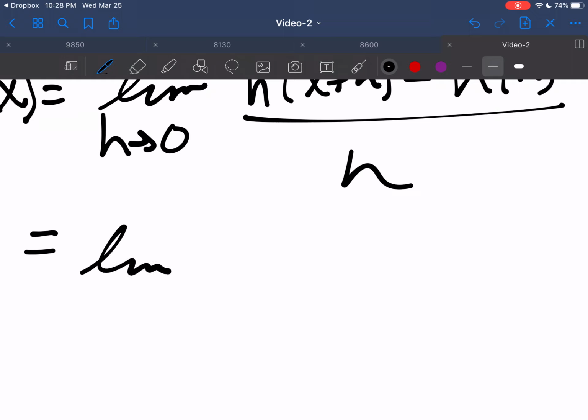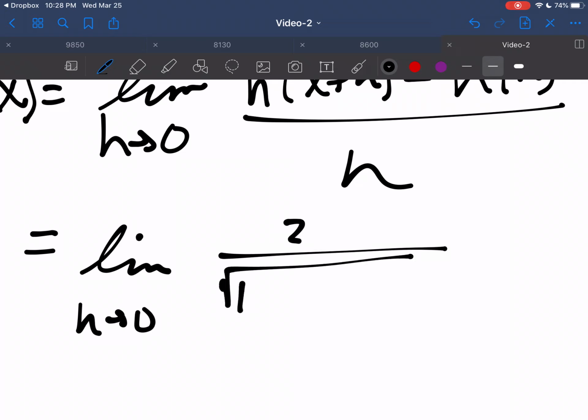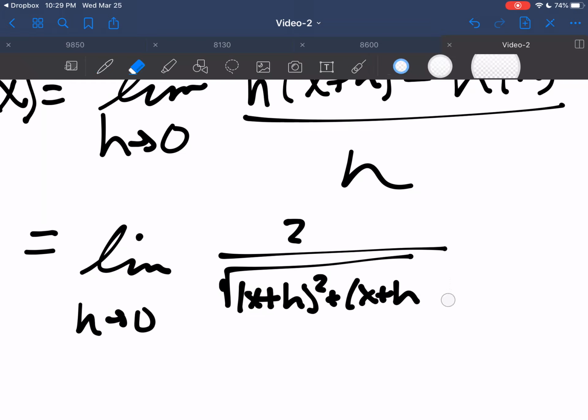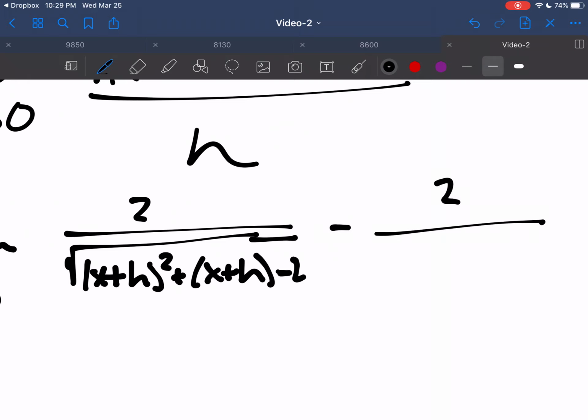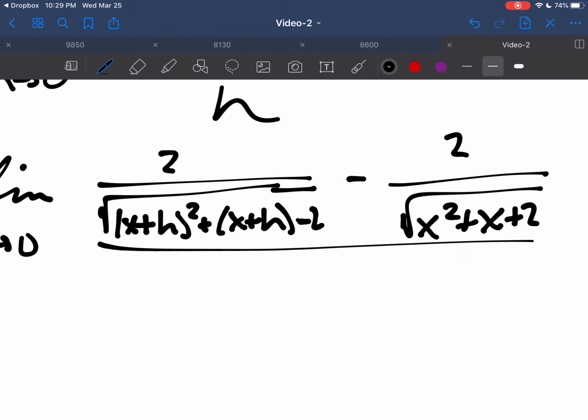So we have the limit as h approaches 0 of 2 divided by the square root of (x plus h) squared plus (x plus h) minus 2, minus 2 divided by the square root of x squared plus x plus 2, all divided by h.